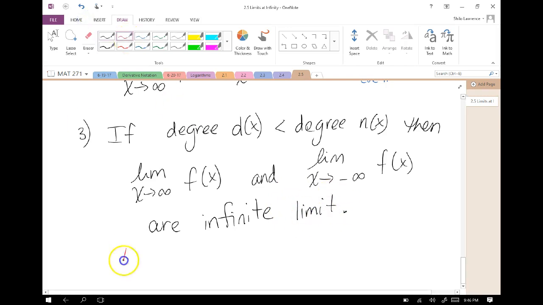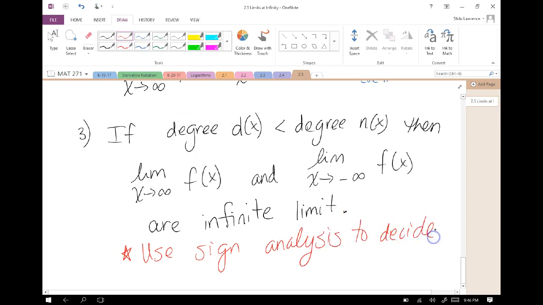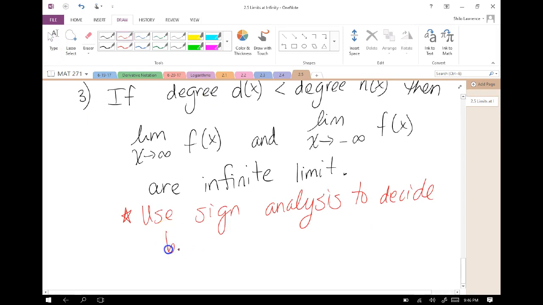We're going to have to do some sign analysis to decide between positive or negative infinity.